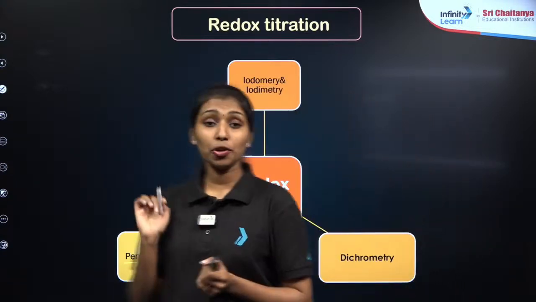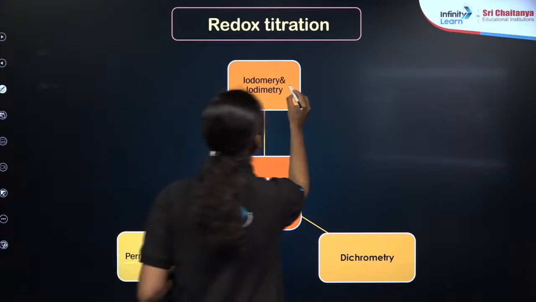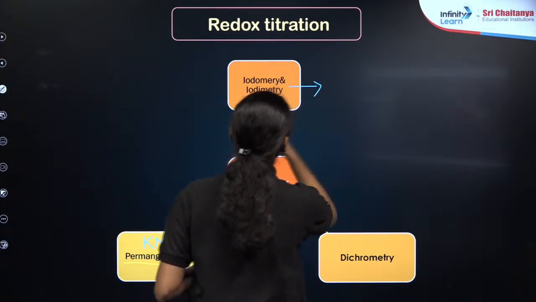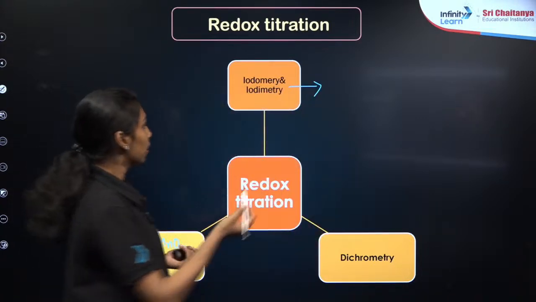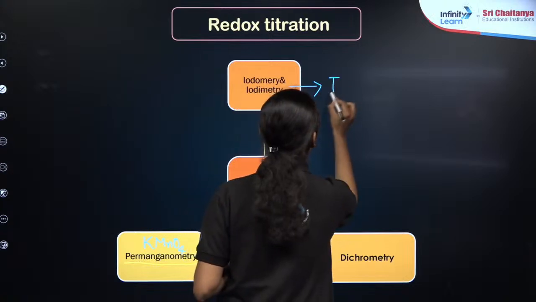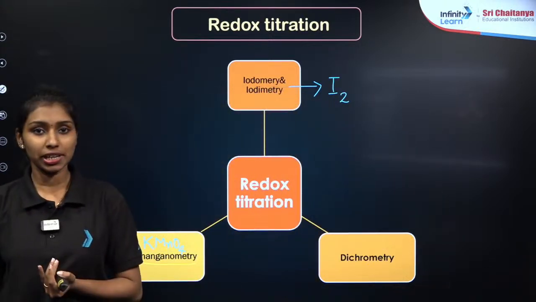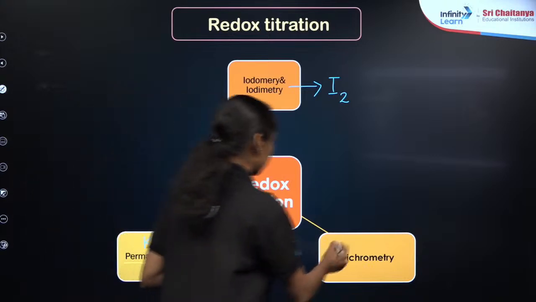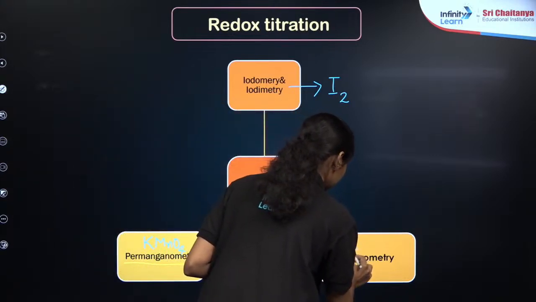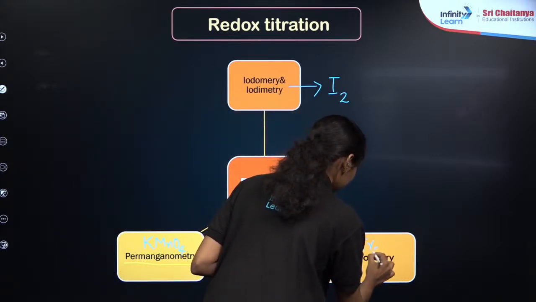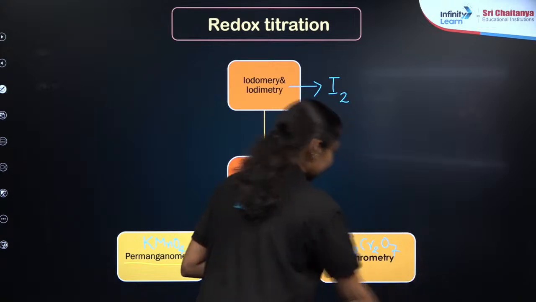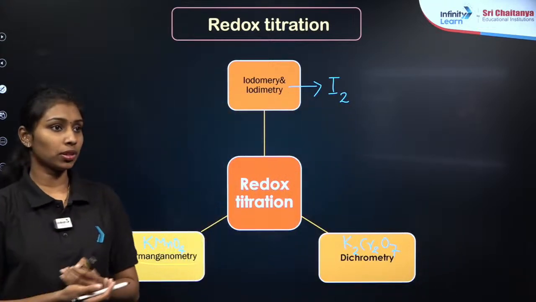Similarly, in the case of iodometry and iodimetry, there are different types of redox titration in which iodine is used as one of the reagents. Then what about dichrometry? K2Cr2O7, right?